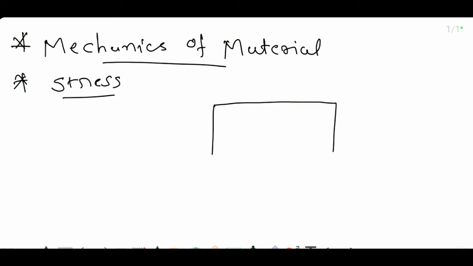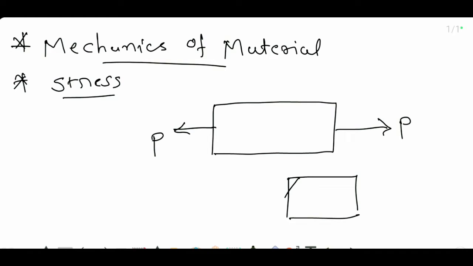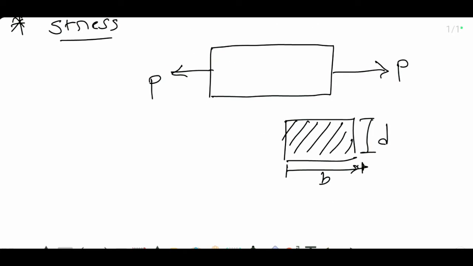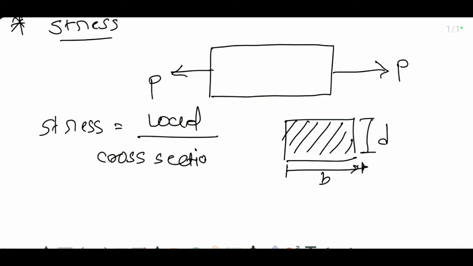So basically, let's see, this is our component. P is a load, and it has a square cross-sectional area with width B and D. So here stress is equal to load divided by cross-sectional area: P divided by A for area.